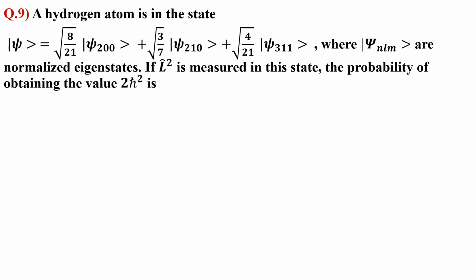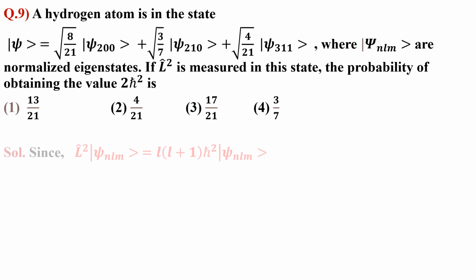If L² is measured in this state, the probability of obtaining the value 2ħ² is: option 1, 13/21; option 2, 4/21; option 3, 17/21; option 4, 3/7.